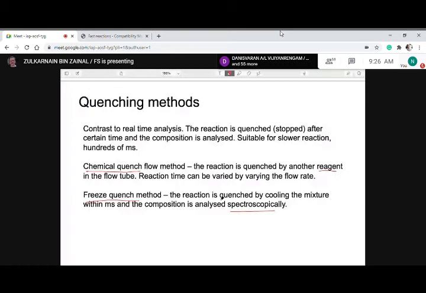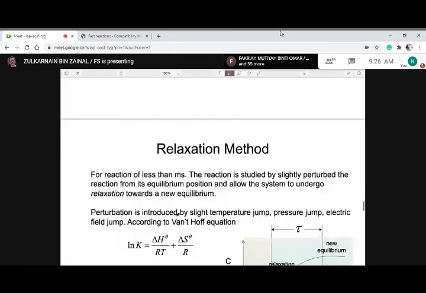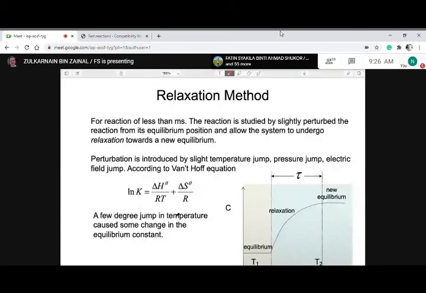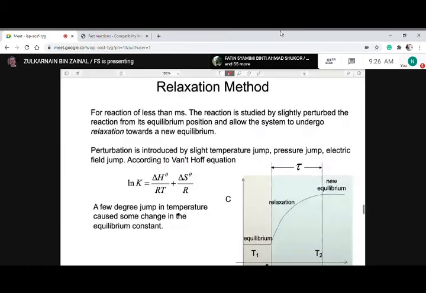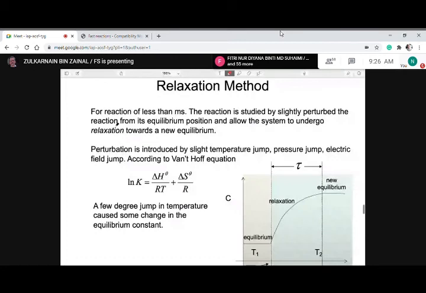So another part is the relaxation method. This is another way where you can study fast reactions. For reactions faster than a millisecond, the reaction is studied by slightly perturbing a reaction which is in equilibrium. So what we do is, the reaction is in equilibrium, we disturb the reaction, and then the reaction will adjust back into a new equilibrium.